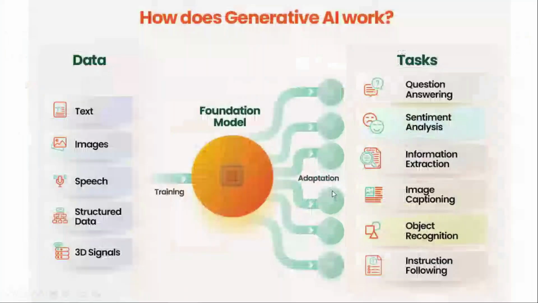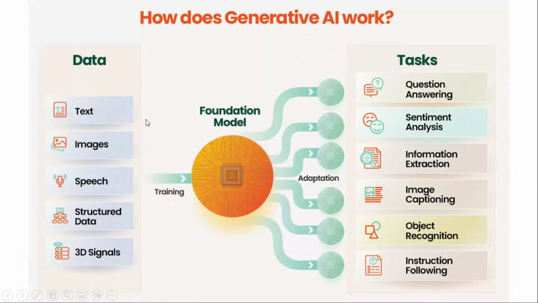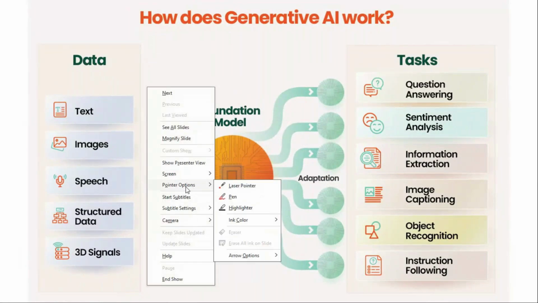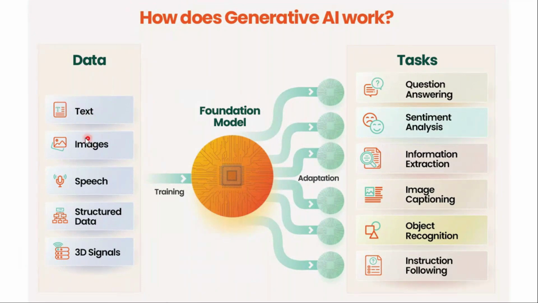Let me show you certain diagrams through the presentation. Here, we have a particular data, and it can be text, image, speech, structured data, 3D signals, whatever we have, categorized under the data field.